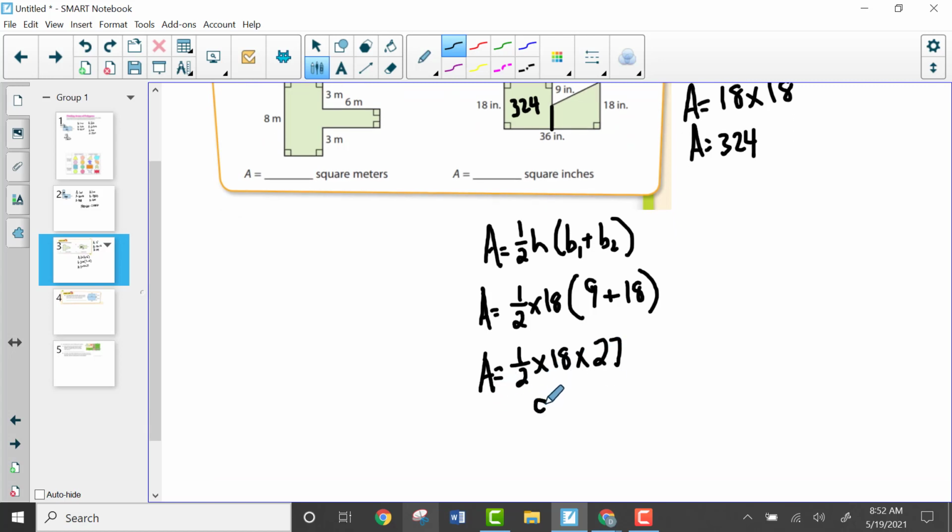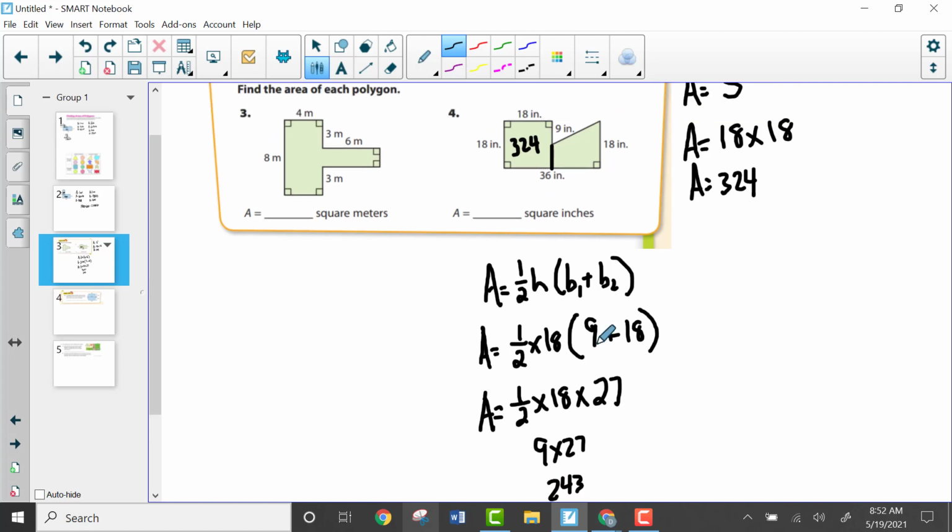That's going to give me 9 times 27, which is going to give me 243, and that is the area of our trapezoid. Now what we do is we just add 243 plus 324 together, and that's going to give us 567 square inches.